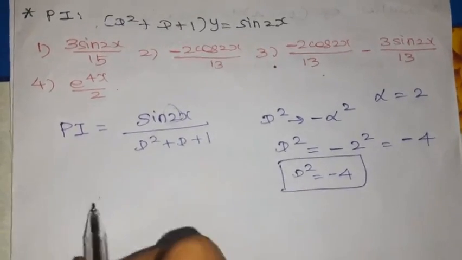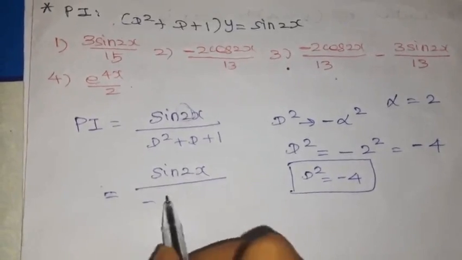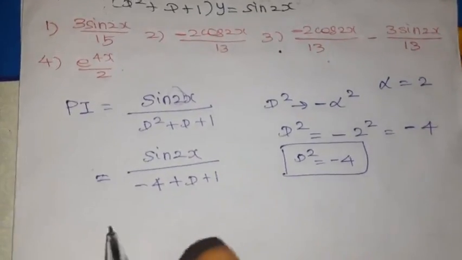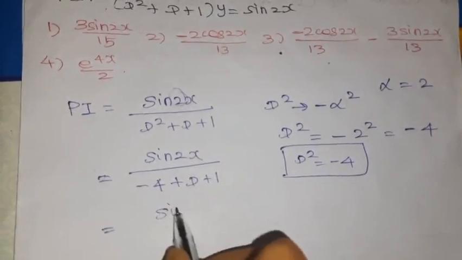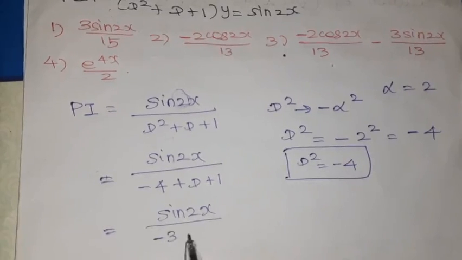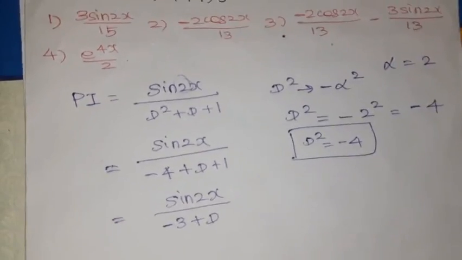So, substitute here: sin 2x divided by minus 4 plus d plus 1. So, what we will get? Sin 2x by minus 3 plus d, or d minus 3, right?